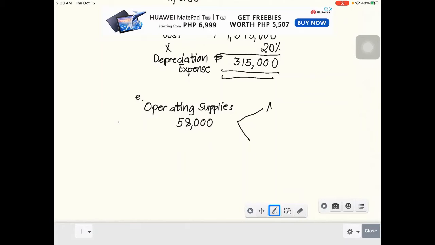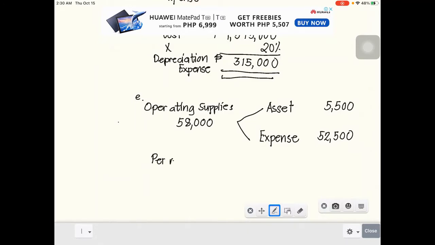So let's try to get the asset portion and the expense portion. It is stated in the additional information that supplies actually on hand, which means is it the asset or the expense? So this is the asset portion, that is 5,500. So how much was used for the period? 58,000 minus 5,500. So the expense portion is 52,500.